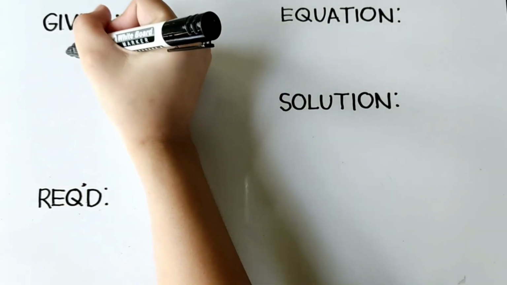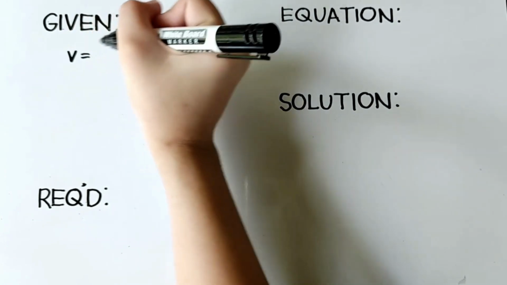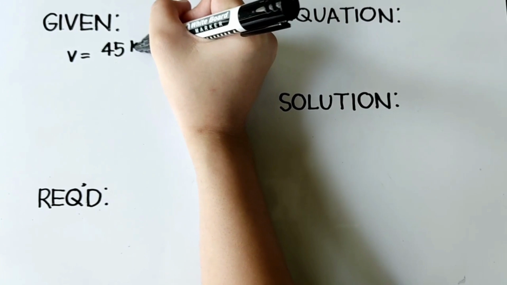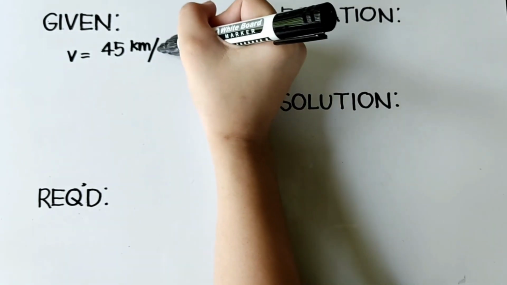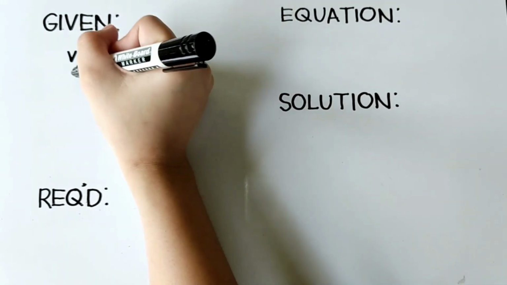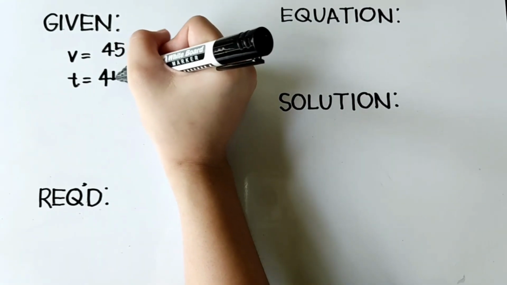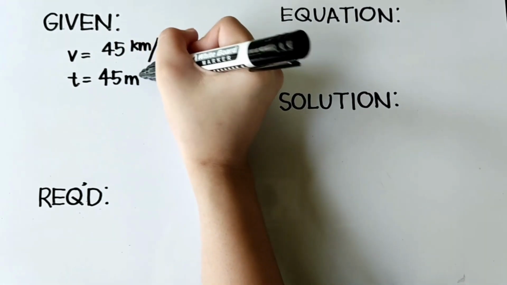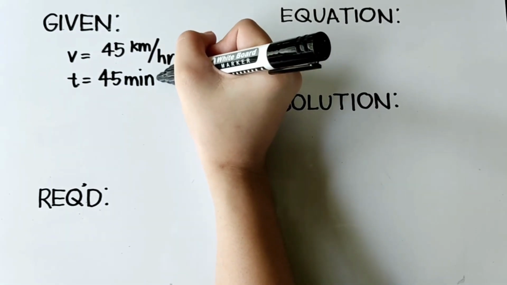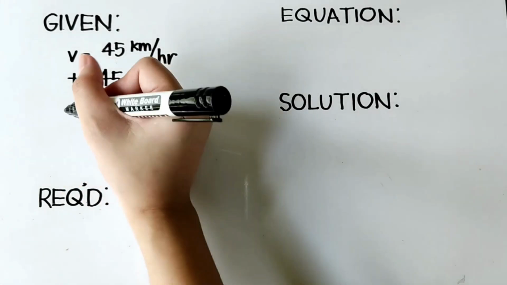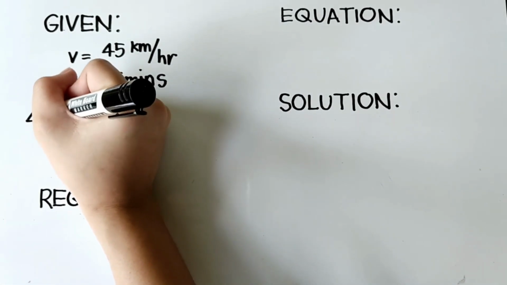Writing our given values, we have a given velocity of 45 km per hour and the time of 45 minutes since the truck traveled from 7:30 a.m. to 8:15 a.m. Since we're getting kilometer per hour, we should convert our time from minutes to hour.